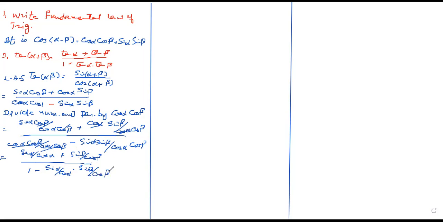Now we know that sine alpha over cosine alpha is tangent alpha and sine beta over cosine beta is tangent beta. So the left hand side equals the right hand side, hence proved.